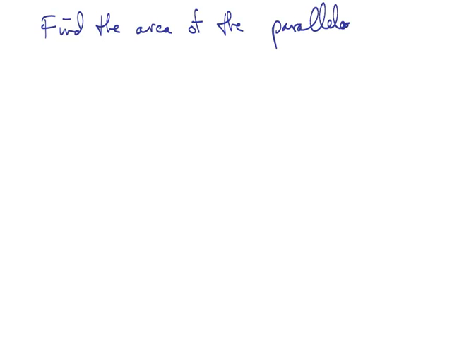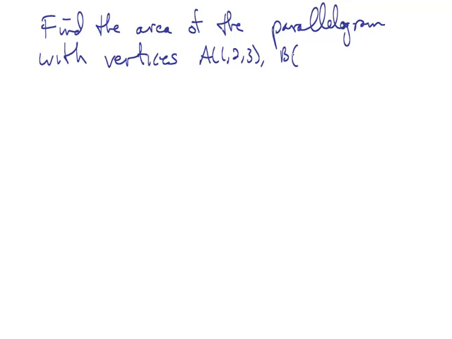So for example, if we wanted to find the area of the parallelogram that had these vertices, say A at 1, 2, 3, B at 1, 3, 6, C at 3, 8, 6, and D at, say, 3, 7, 3.